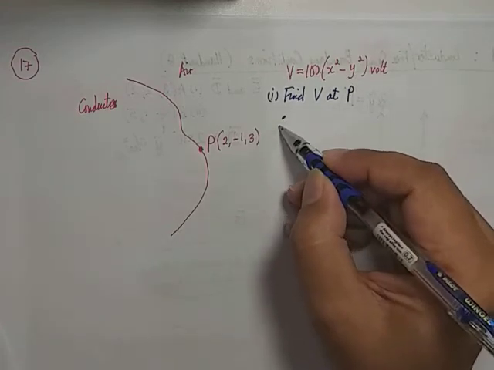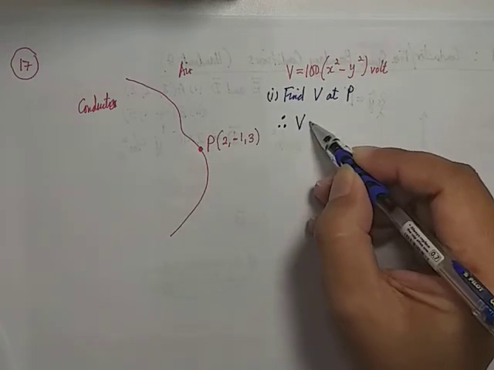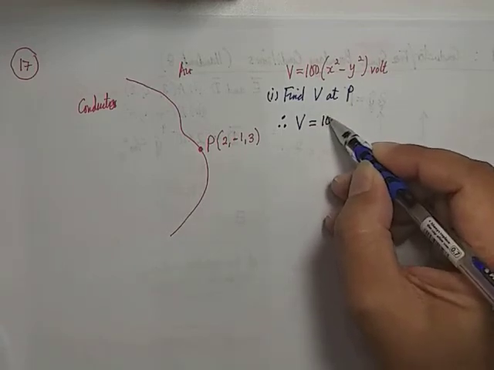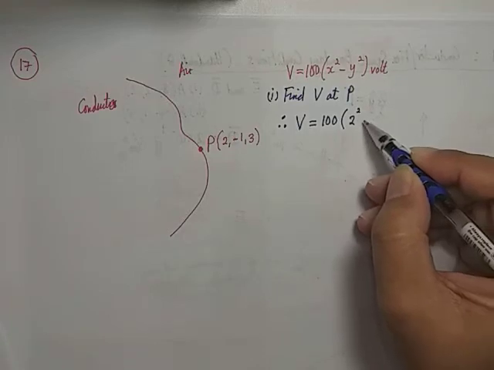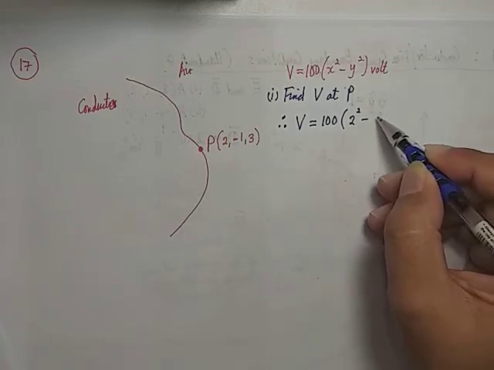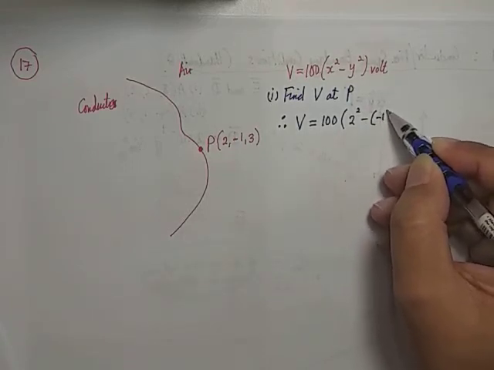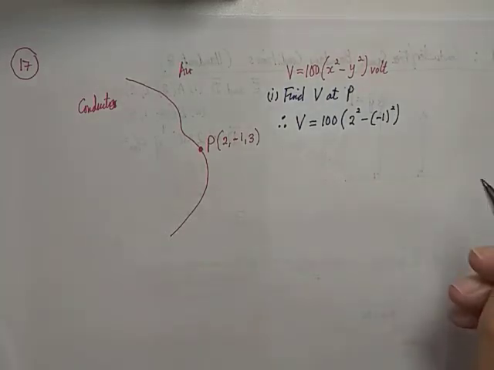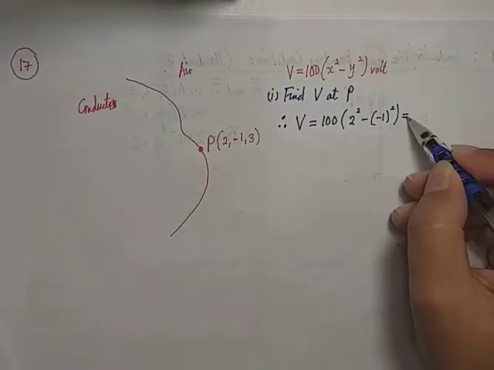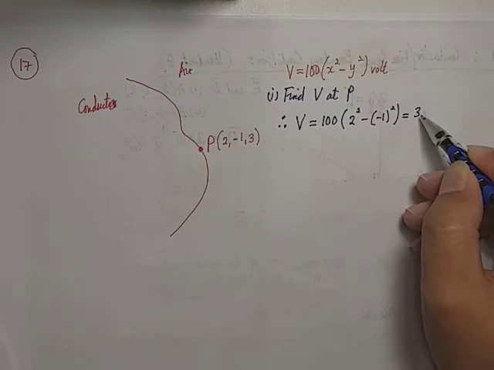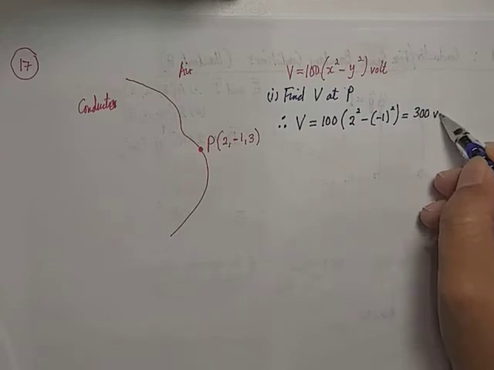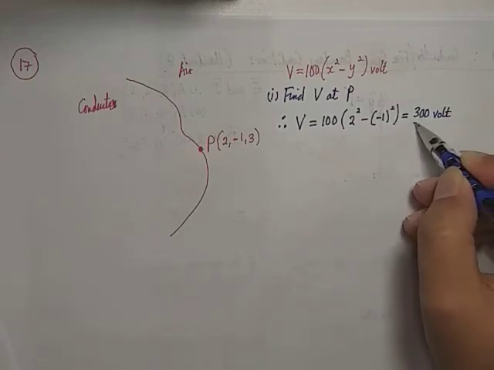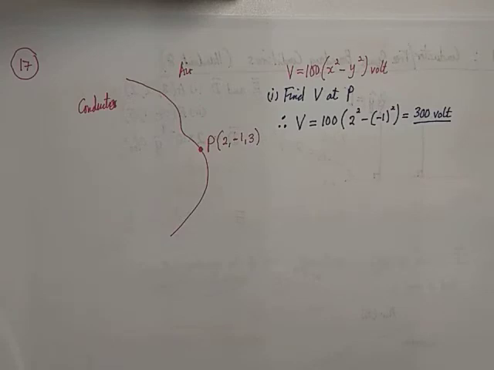So V should be equal to 100 times (2 to the power of 2 minus (minus 1) to the power of 2), and the answer will be 3. Is it correct? 4 minus 1 is 3, so 300 volts. That should be the solution for the first thing asked by the question.